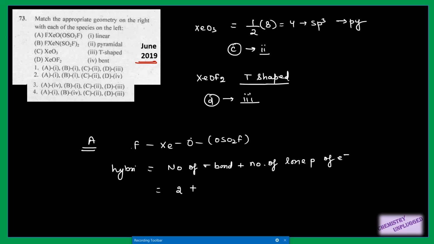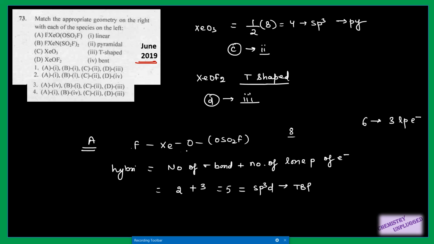So this xenon has 8 valence electrons in the starting. 2 are used in the sigma bond formation, 6 will be left. 6 electrons means 3 lone pairs of electrons, right? So we will write here 3. Total will become 5. 5 means it will become sp3d, right? It should have a trigonal bipyramidal structure.